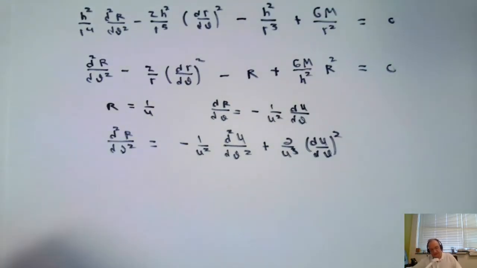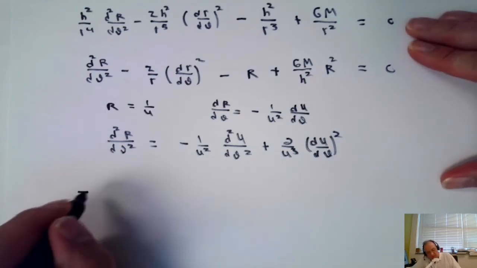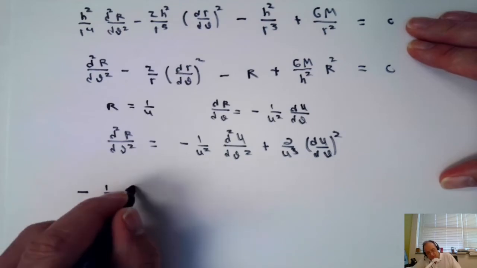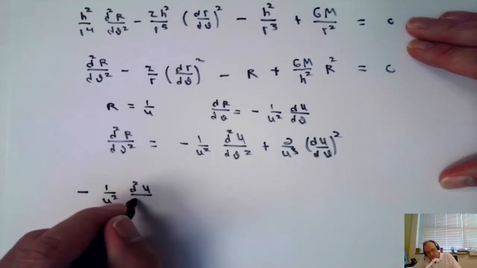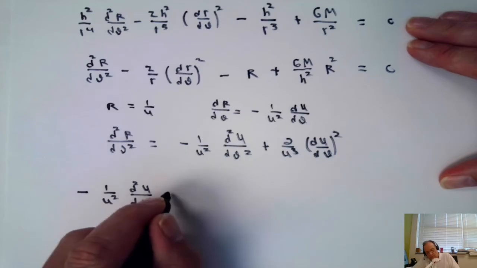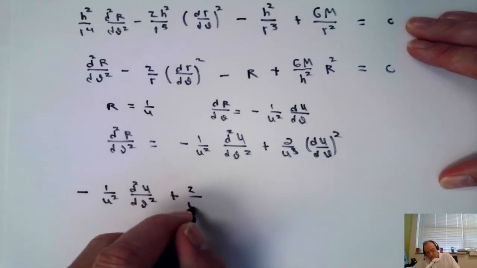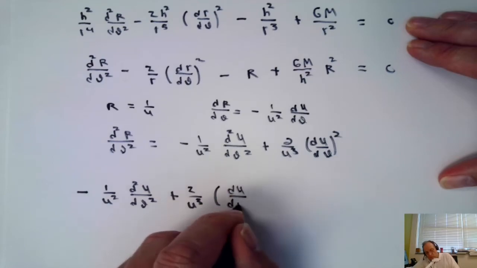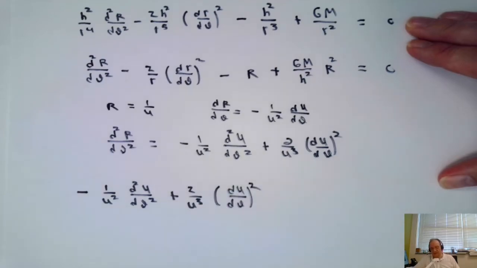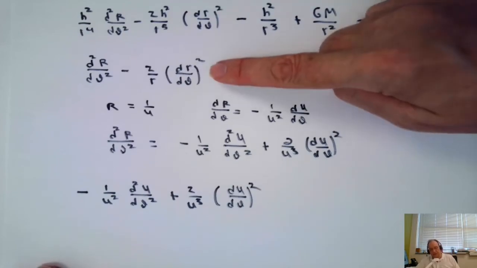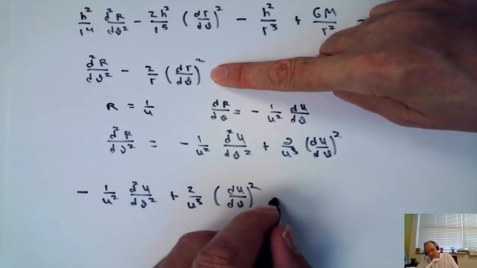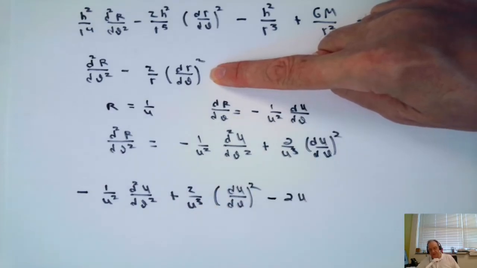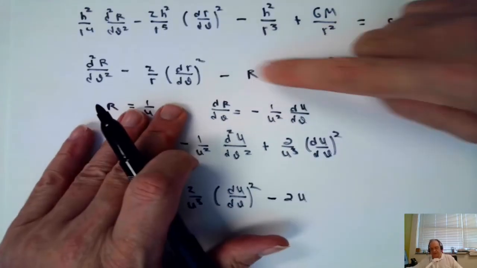Putting all of this together, second derivative of r with respect to theta is this quantity, I'm going to subtract away 2 over r, 2 times u. I'm going to multiply by the square of dr d theta.